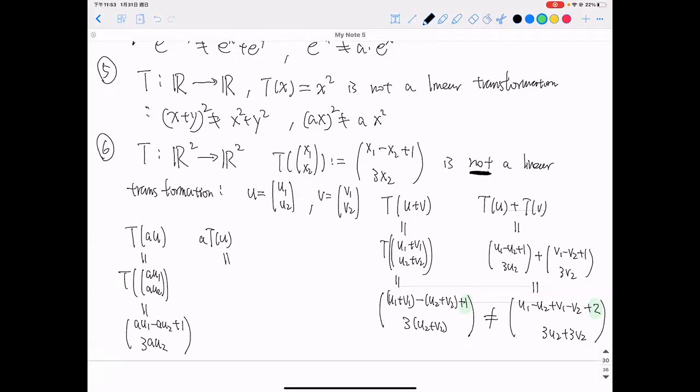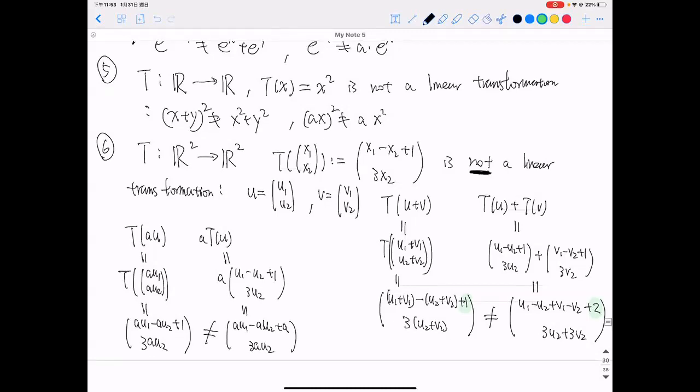Now a times Tu is a times (u1 minus u2 plus 1, 3u2), which is (au1 minus au2 plus a, 3au2).